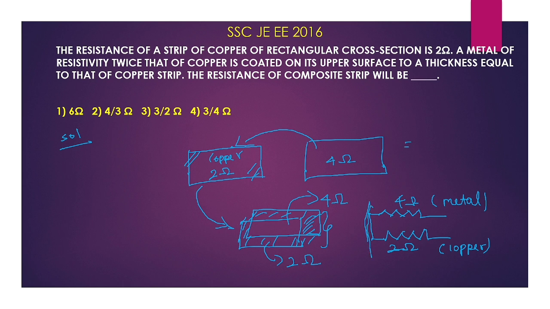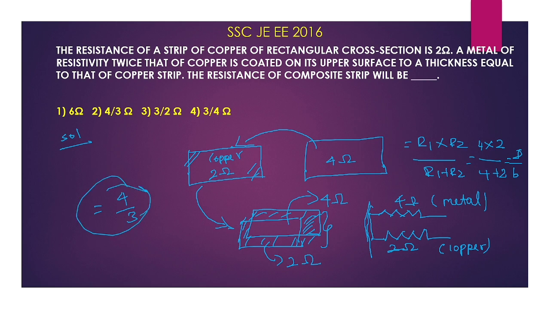We know that the parallel combination of two resistances is R1 cross R2 by R1 plus R2. So R1 is 4 and R2 is 2, so 4 into 2 by 4 plus 2 is equal to 8 by 6. If we solve this, the answer will be 4 by 3. So the answer is option 2, 4 by 3 ohm.